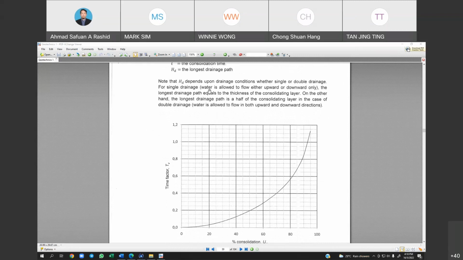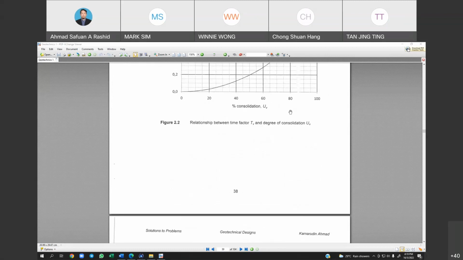For single drainage, water is allowed to flow either upward and downward or downward only, and the longest drainage path equals the thickness of the consolidation layer. In the case of double drainage, the longest drainage path is half of the consolidation layer, and water is allowed to flow in both upward and downward directions.